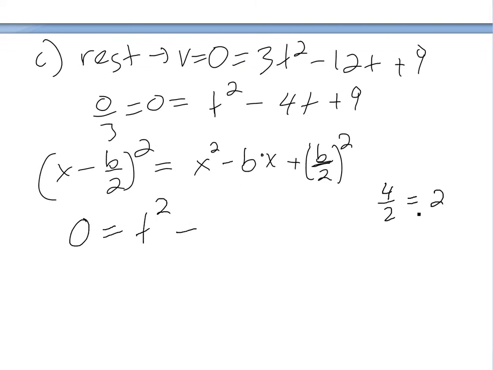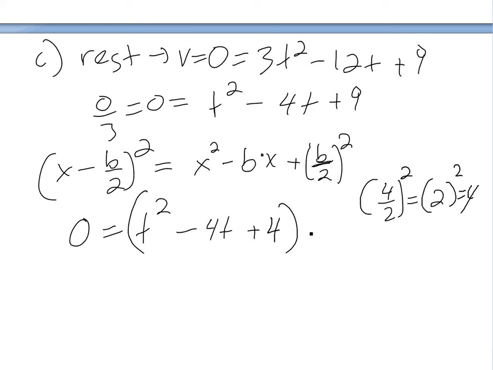So we add 2, and then we have to square this, so 2 squared equals 4. So we add 4, but then we also subtract 4, so we're not really changing anything.